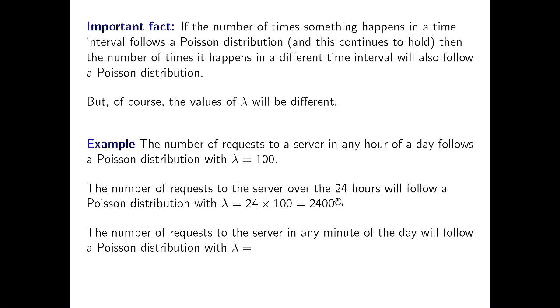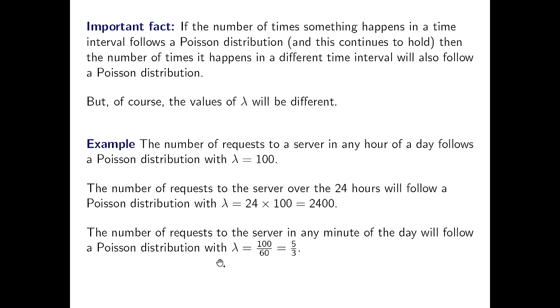And assuming it goes right down to the smaller time increments, the number of requests to the server in a minute will be Poisson with lambda equals 100 on 60, right? So Poisson distributions are sort of time invariant in this sense, right?